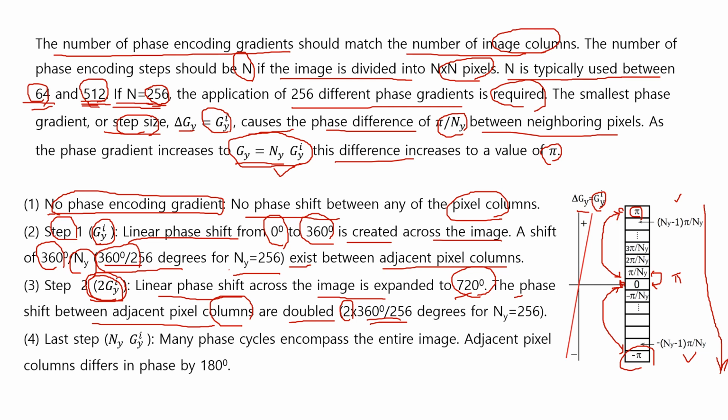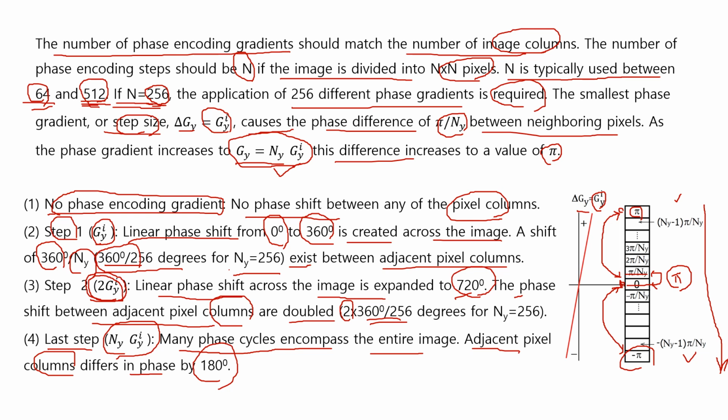The last step, the largest slope. Many phase cycles encompass the entire image. Adjacent pixel columns differ in phase by 180 degrees. So adjacent pixels here and here, the phase difference between these two columns is pi. Okay.